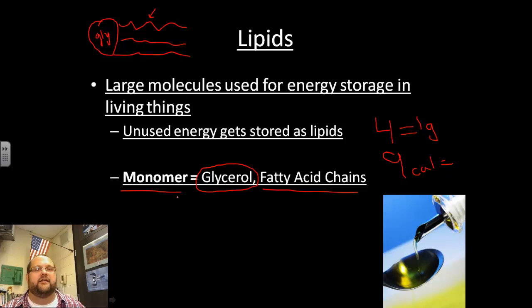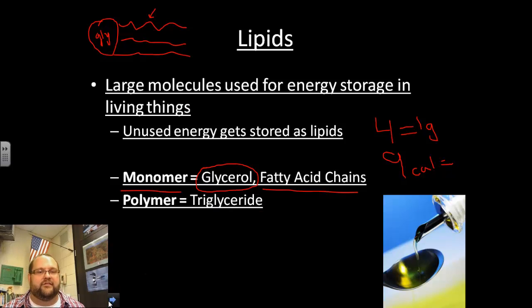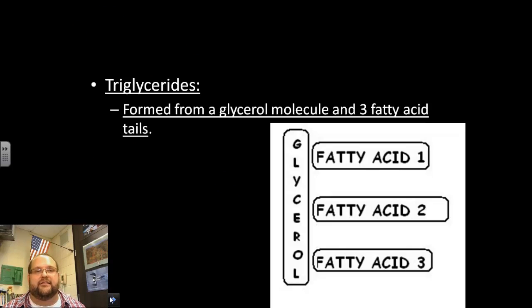So these 3 little tails coming off of here are fatty acid chains. The polymer, this big molecule right here, is called a triglyceride, which makes sense because it's got 3 tails and a glycerol molecule, so triglyceride. Fairly easy to remember. So triglycerides form from a glycerol molecule and 3 fatty acid tails.